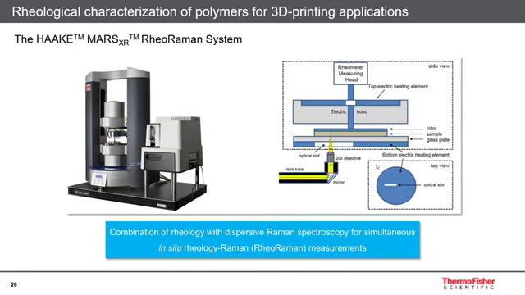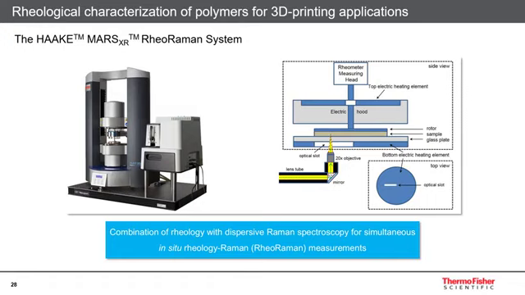Some technical details of the Rheo-Raman coupling are shown here. The laser light coming from the Raman spectrometer is directed through a system of various optical components into the bottom stage of the rheometer. The lower part of the rheometer contains further optical components, and the light is introduced to the sample through a glass plate from the bottom.